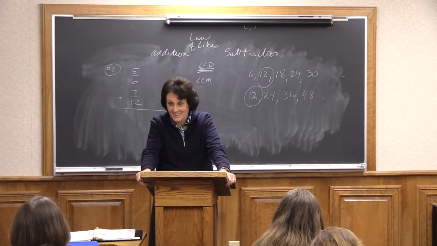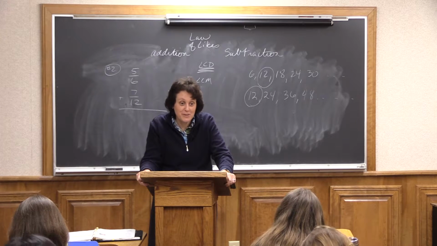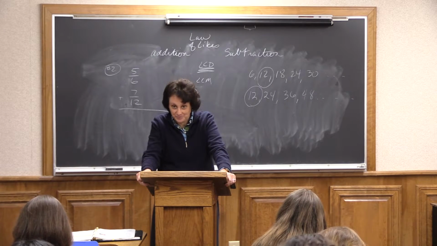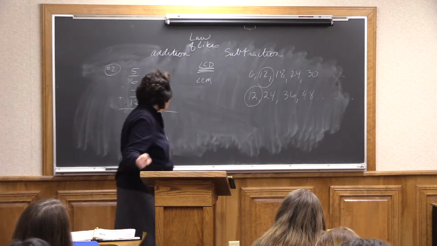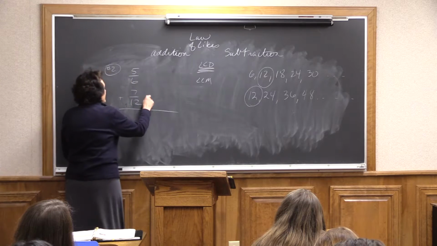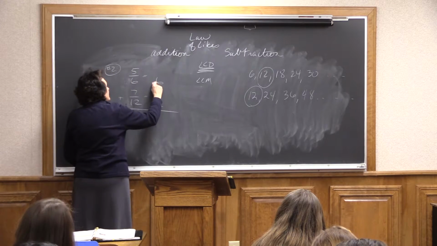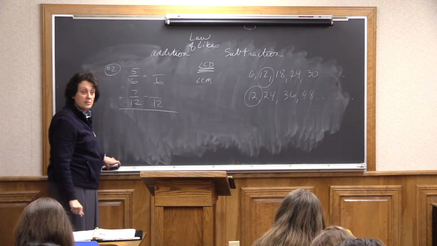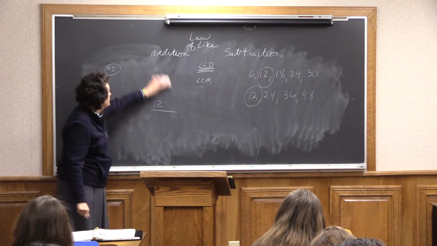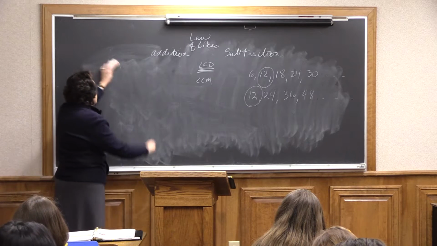So that means when you're the teacher, you use multiple and factor. All right, so we need to be able to find common denominators. This is easy. This is 4th grade. You're not in 4th grade, so you have to be able to do this.